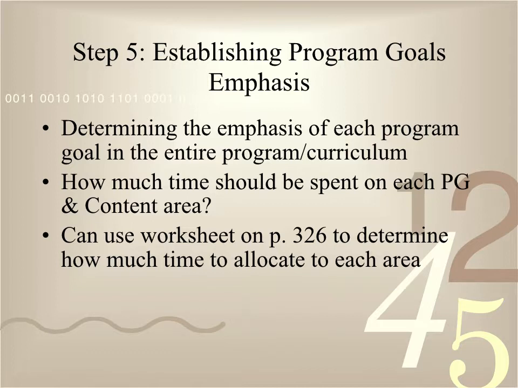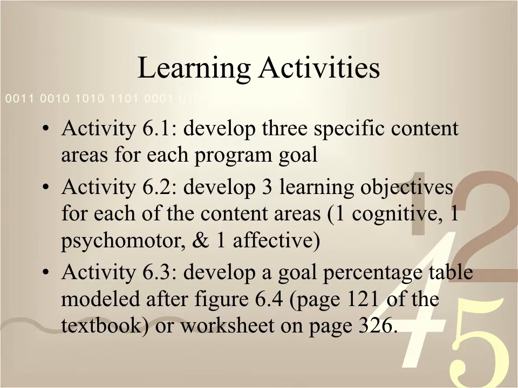You could rank how much weight you have for each one of the goals and the different skills, which we call content area, and then rank it over the time. Now, I'm going to go to our next slide where I'm going to talk about the learning activities for our class and what you're actually going to do.